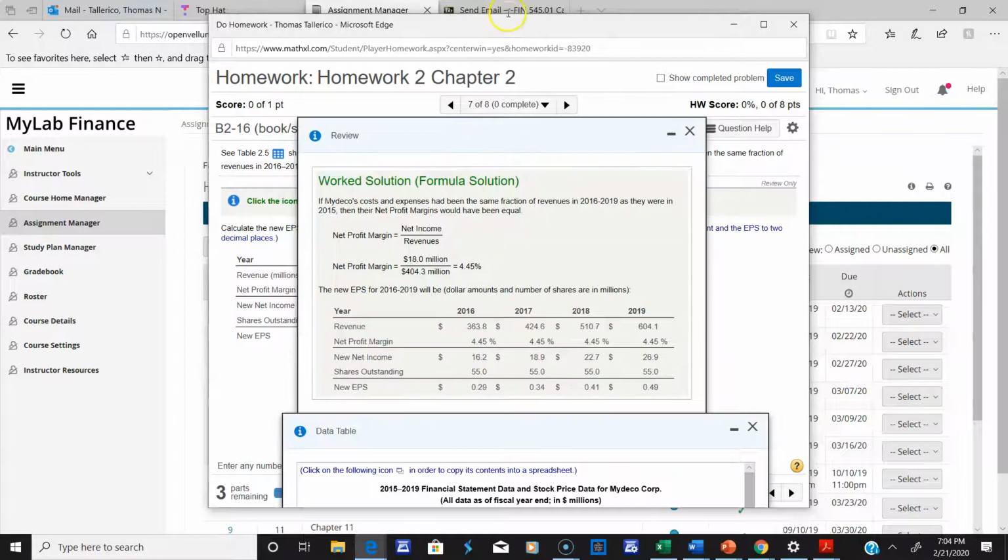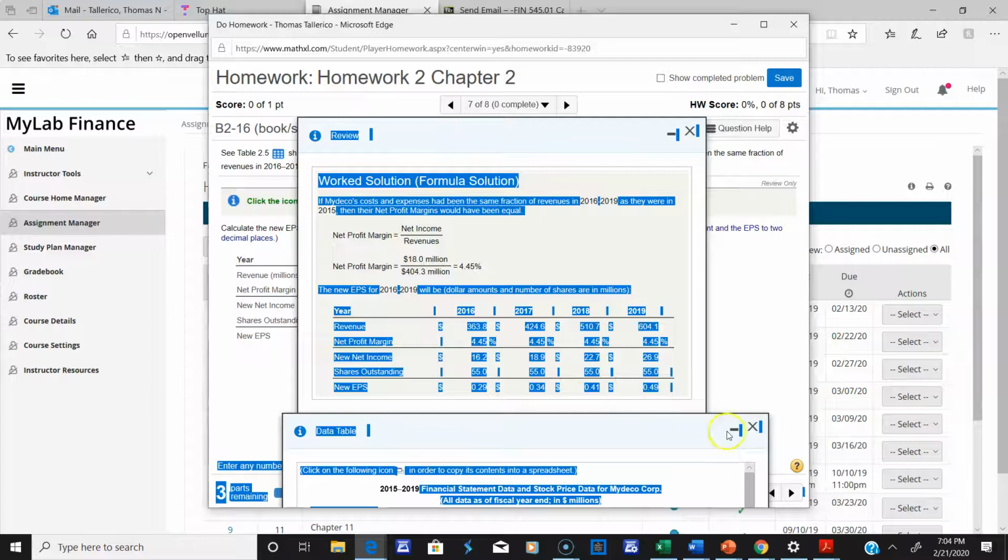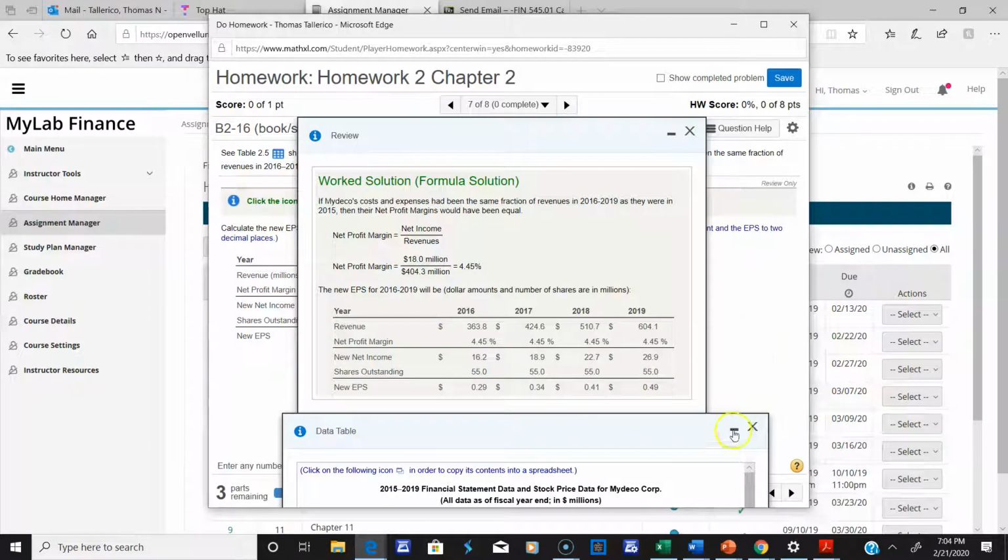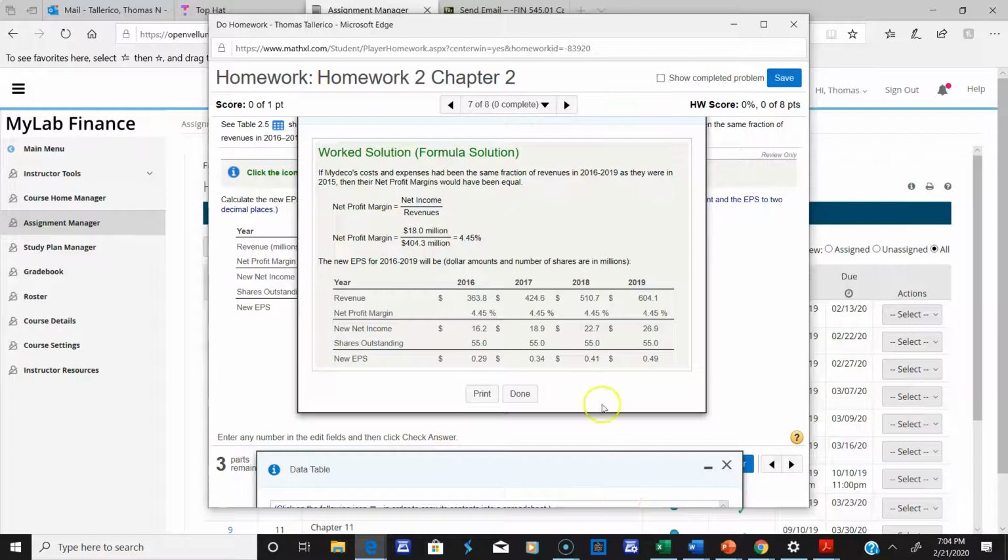So if you keep that constant, here is the 4.45 we calculated there. We multiply that by the revenue, and we get the new net income. If you multiply that by that, you should get the new net income. That's all you have to do.